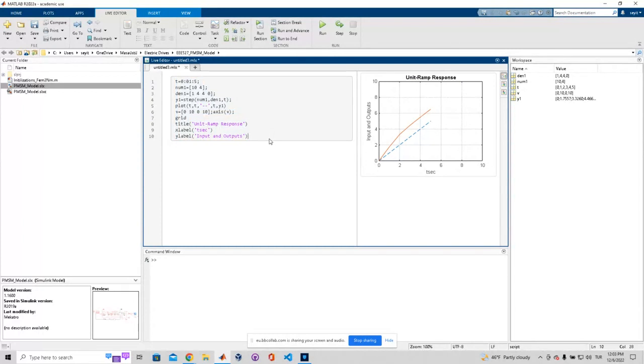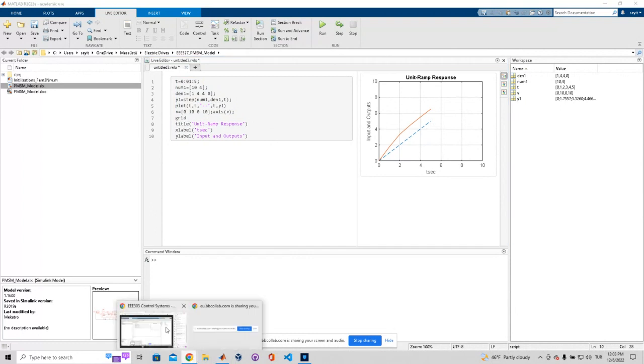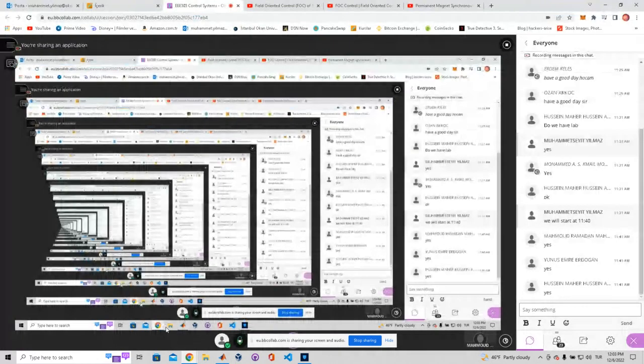Is it clear till here? We define our unit step response, we get the impulse response, and we get our ramp response. Is it clear, guys? Those responses are important. We may ask in the exam and they will be in homeworks.